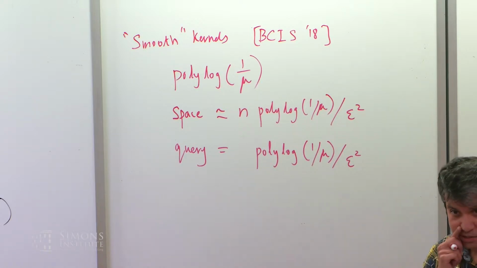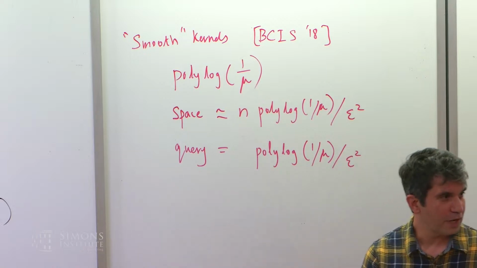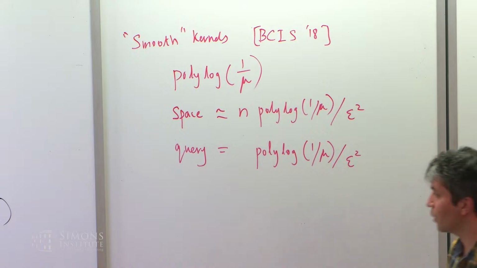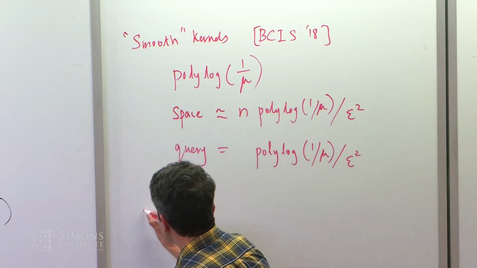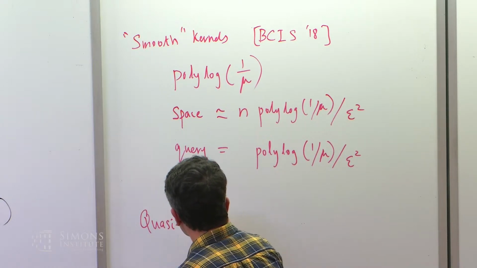Now, in numerical analysis, in cases where this 1 over epsilon squared dependence is prohibitively high, there's a certain class of methods that they call quasi-Monte Carlo methods.